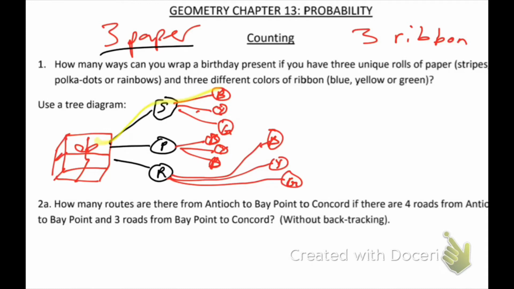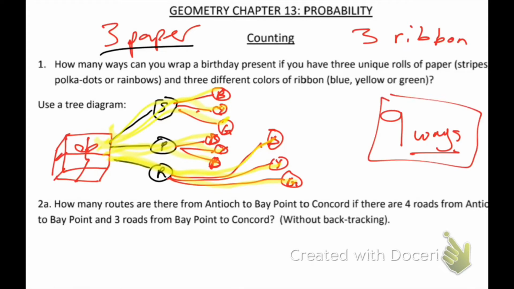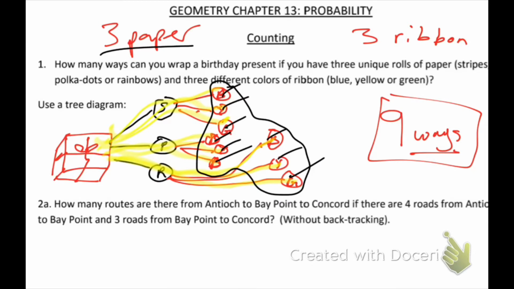I could go 1, 2, 3, 4, 5, 6, 7, 8, 9. So there's a total of 9 ways. Or I could have just counted all of these. 1, 2, 3, 4, 5, 6, 7, 8, 9 total ways to do that. So that's by using a tree diagram.